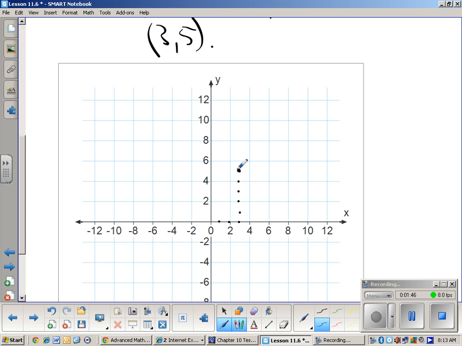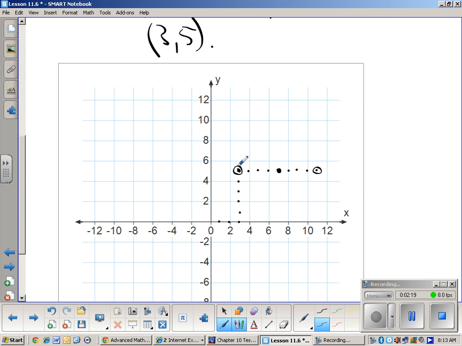Go 4 units over. 1, 2, 3, 4. How would I find another one 4 units away? Go 4 more over? If I go over here 4 more, 1, 2, 3, 4, is that one 4 units away from here?